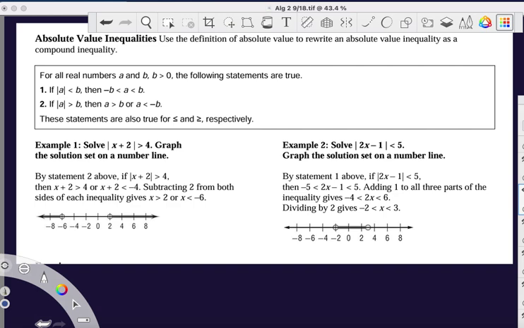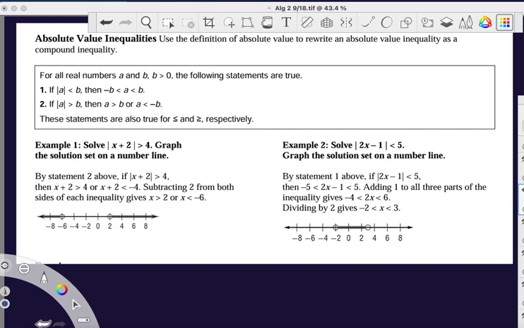For all real numbers A and B, if B is greater than 0, then the following statements are true. Can B ever be less than 0? Not if we're talking about absolute value.